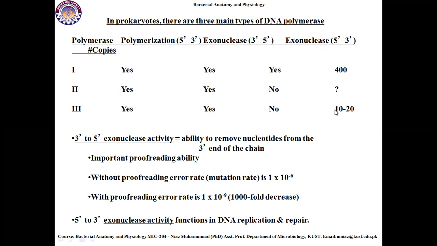This one removes 10 to 20 nucleotides. 3 to 5 prime exonuclease activity is the ability to remove nucleotides from the 3 prime end of the chain.